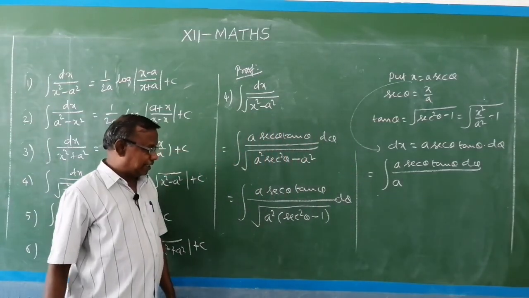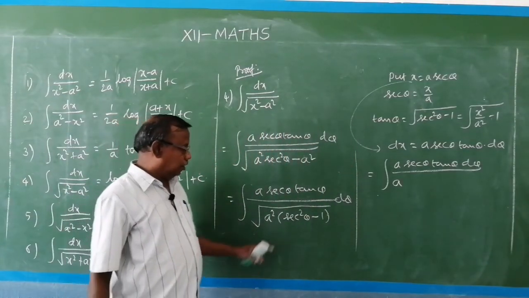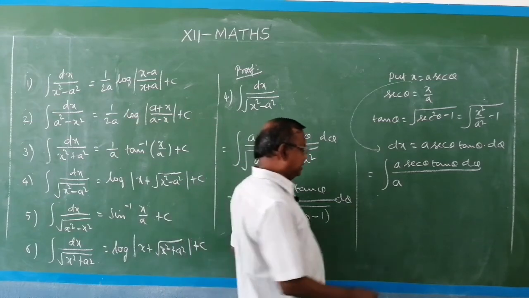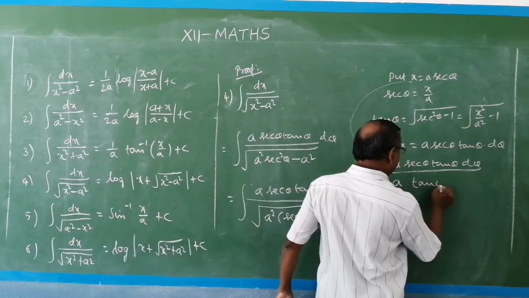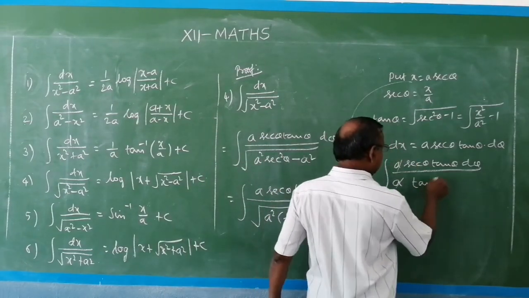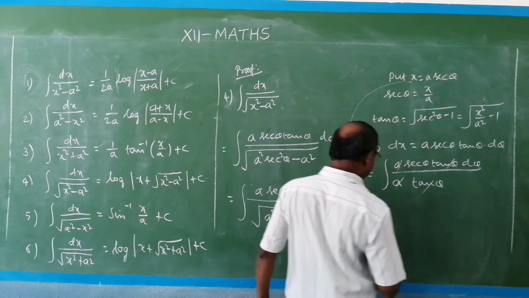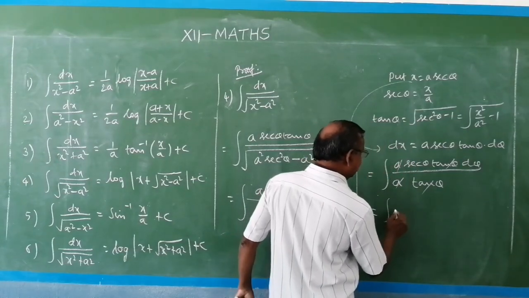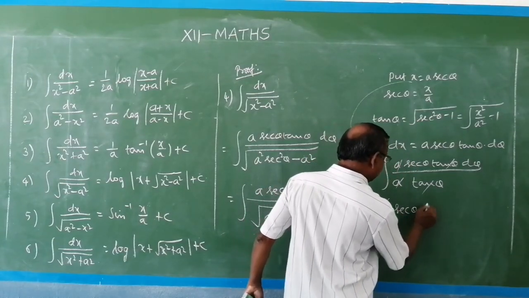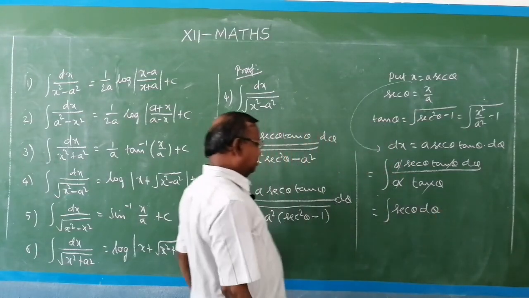Secant square theta minus 1 equals tan square theta, and root of tan square theta is tan theta only. So a cancels, tan theta cancels. This is nothing but integral secant theta d theta.